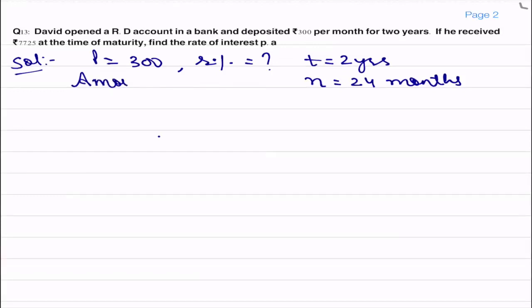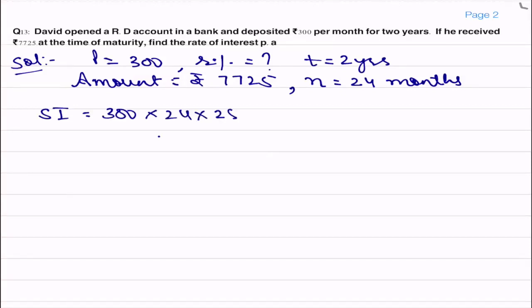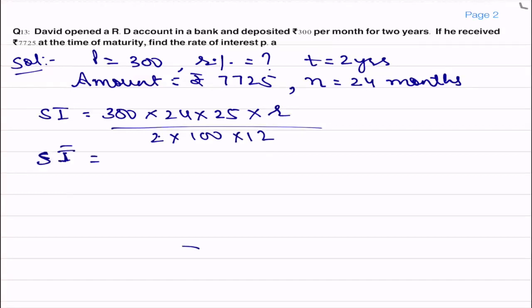And maturity value, or you can say the amount, is rupees 7,725. So we will again put the values in the simple interest formula. P into n into (n plus 1), that is 24 plus 1 is 25, into rate of interest is missing, r, upon 2 into 100 into 12. When we solve, we will see after cancellation, our simple interest is 75r.